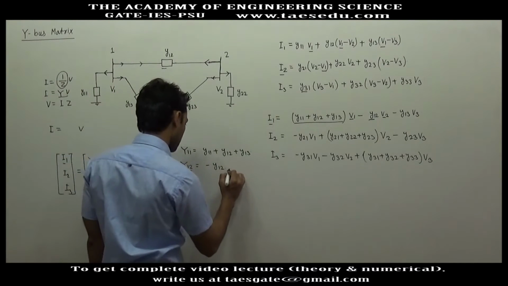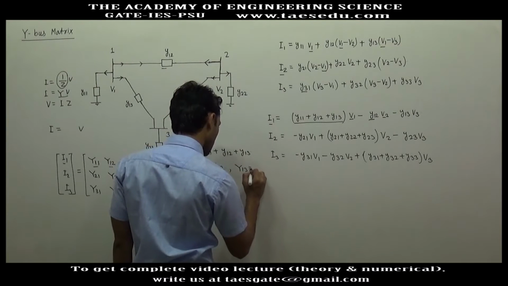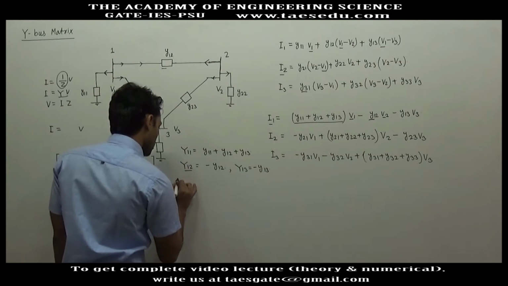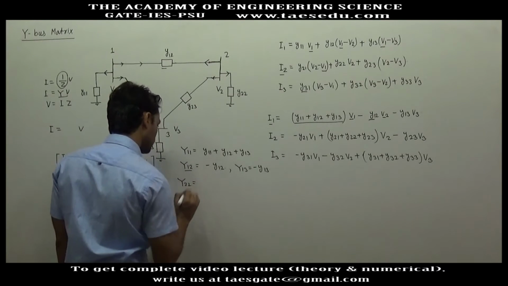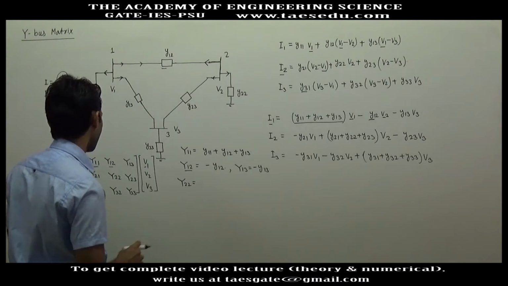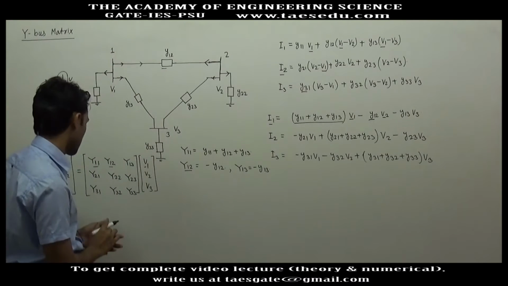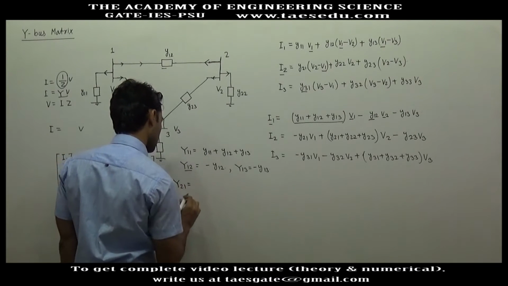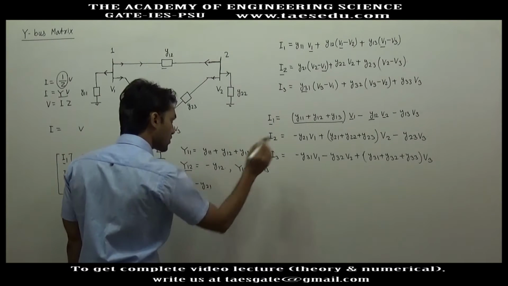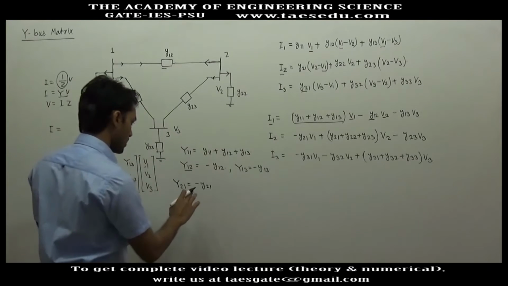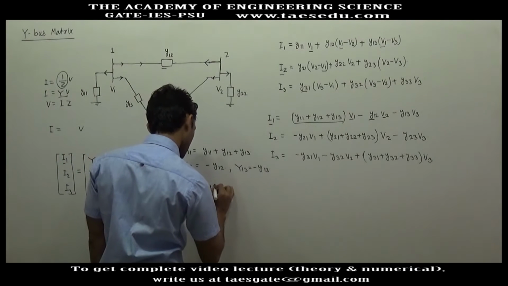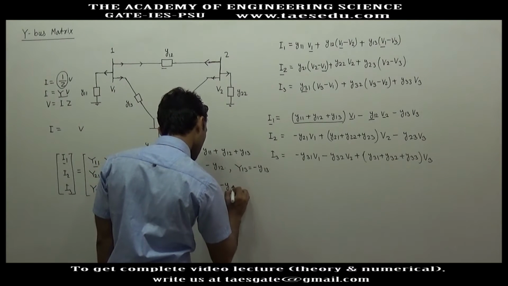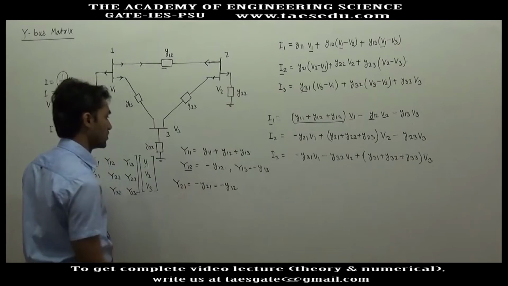Similarly, capital Y13 will be minus of small y13. Then comes Y21. Y21 will be minus of y21, which you can compare in the second equation, and which is nothing but y12. Y21 is equal to y12.